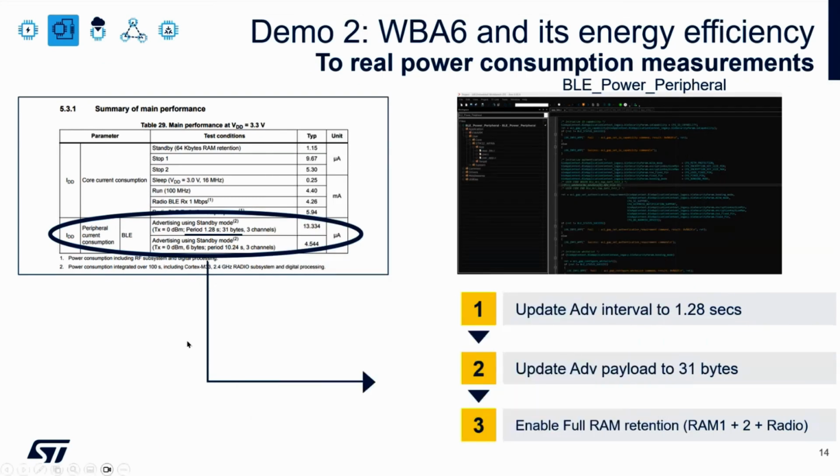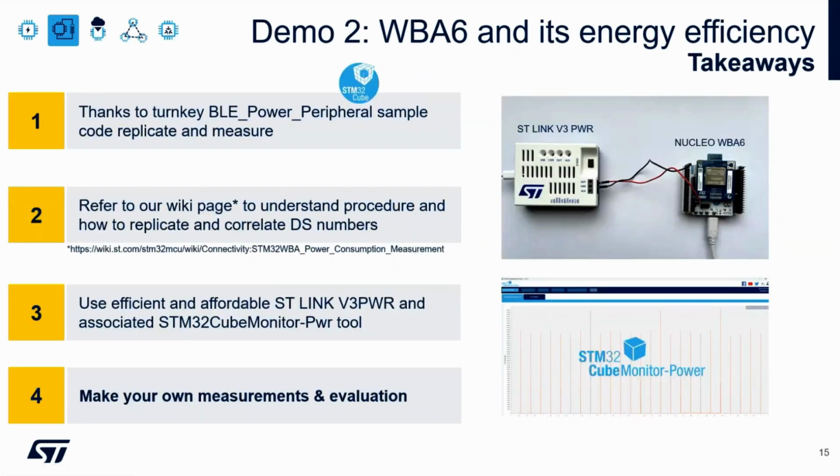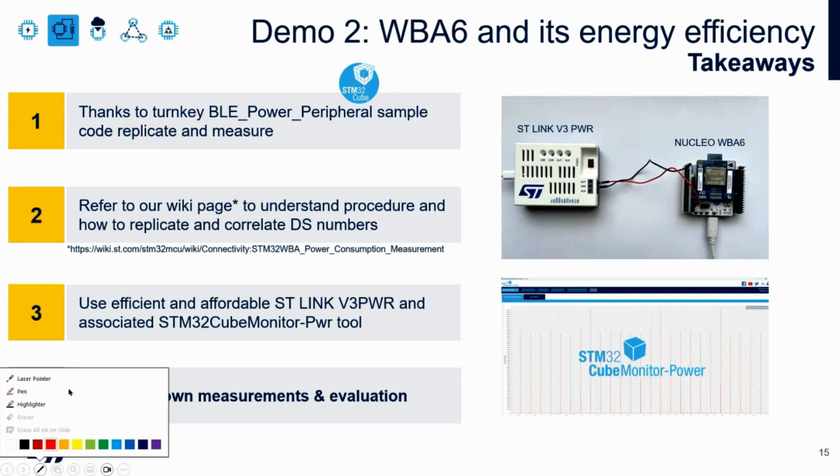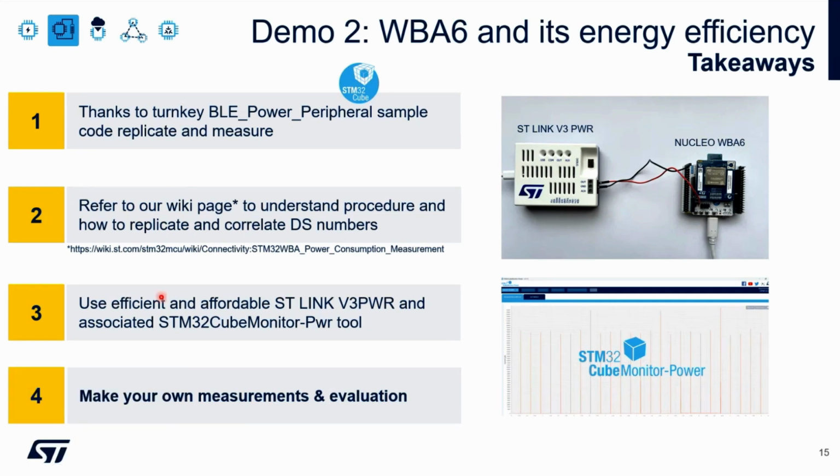So as a takeaway, what we have shown here, based on existing sample code, the BLE power peripheral sample code, which is documented on the wiki page, and using ST ecosystem affordable materials, the ST-Link V3 power that I guess you are using today, and the associated Cube Monitor Power, is that we have been able to replicate the figures from the datasheet, which is a huge step.